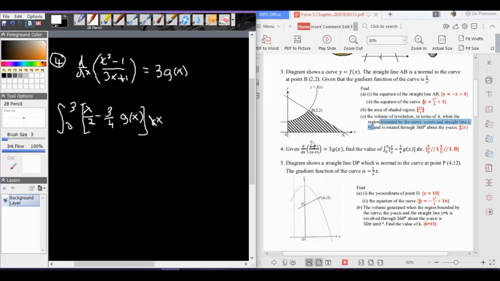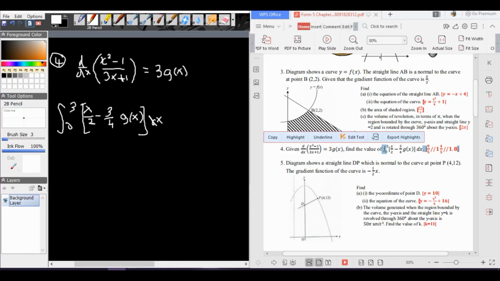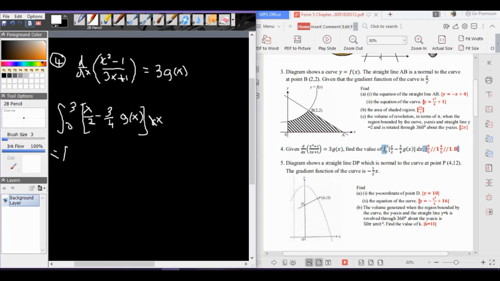Number 4. So we are given differentiate x squared minus 1 over 3x plus 1 dx equals to 3gx. Find the value of this one. Okay, so this is two functions. We can separate them. So this is equals to integrate 0 to 3 x over 2 dx minus integrate 0 to 3.